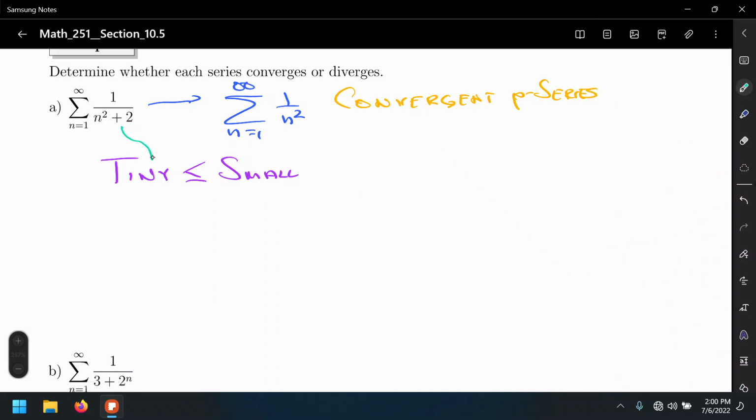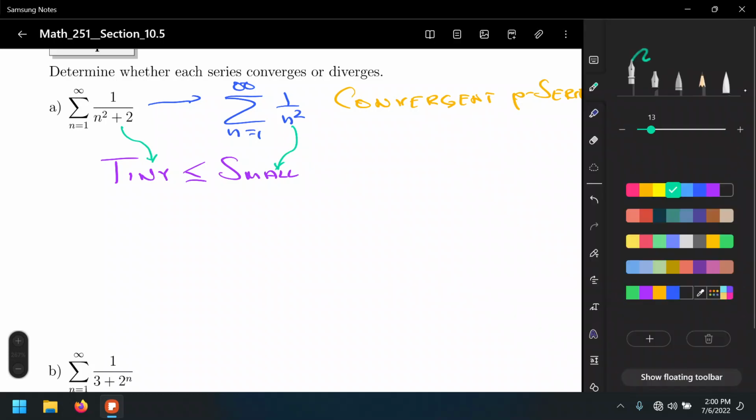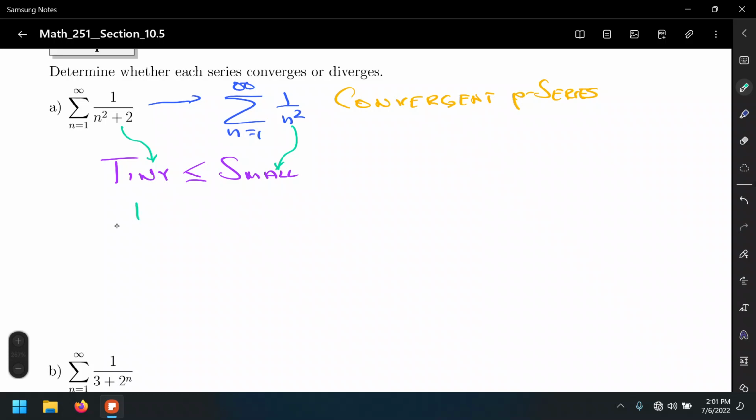In this case, the tiny is the problem and the small is the test series. All we have to do is put the quantities together: is 1 over n squared plus 2 less than or equal to 1 over n squared? Is that inequality true? Yes, that's all you need to do.